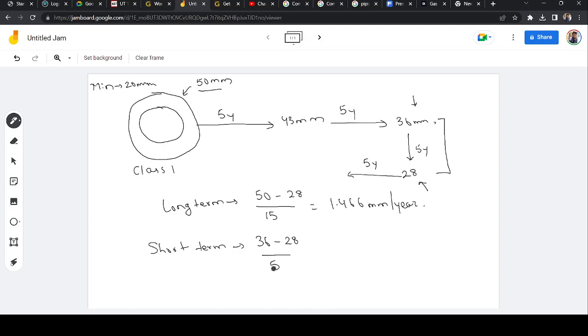So 36 minus 28 divided by 5 will give you 1.6 mm per year. Okay, so the long-term corrosion rate was not as extensive. The short-term corrosion rate has now increased. Now we can do some additional assessment of what led to the short-term corrosion rate to increase significantly. Okay, now we can also find remaining life.